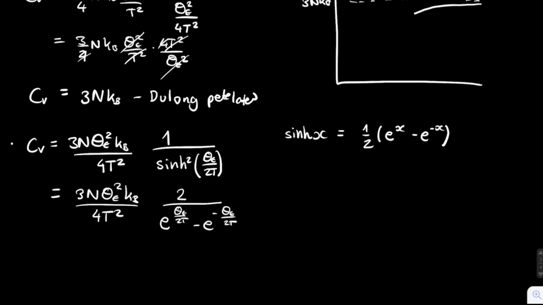So there we go. This is just 1 over sinh, and remember, of course, it's squared, and the 2 should be squared as well, which will give us a 4 right there. And immediately see the 4s are going to cancel rather nicely. And so what happens when the temperature is small? This is what we're talking about.